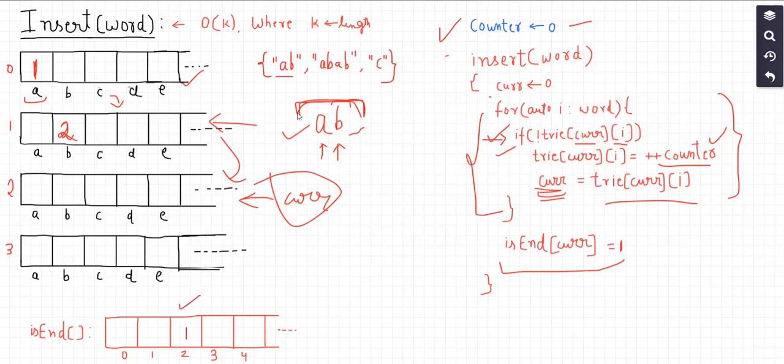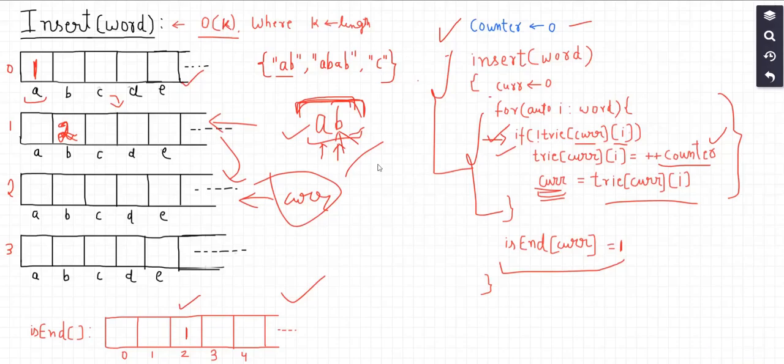So that if I am here to search for this word, I can make sure that yes, B is the last character. That's why this array is used. So I marked 2 as 1 because it is the end of this word. That's how this insert function works. And the time complexity of this function is big O of k, where k is the length of the word that I want to insert.